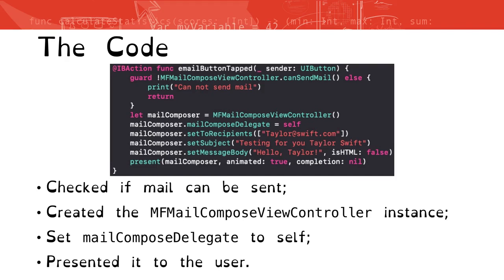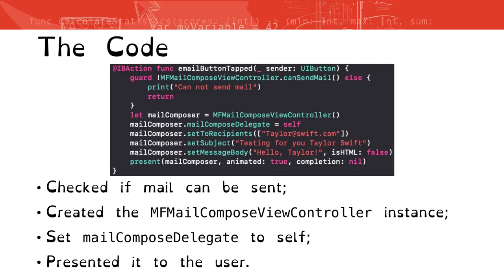And we can see in setToRecipients, we actually have an array there. So we could put multiple recipients in if we wanted to. But the subject is just a string. And then we have setMessageBody, and setMessageBody accepts a string there, but we also have a second parameter, isHTML. So we can actually use HTML tags to make our message appear a bit more exciting if we want to, but we're not going to today.